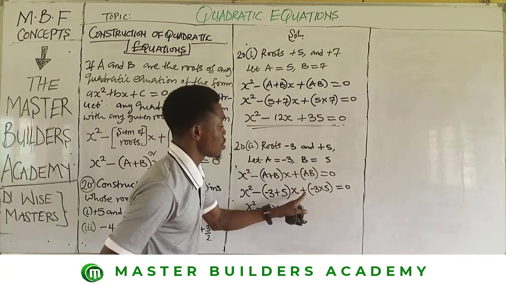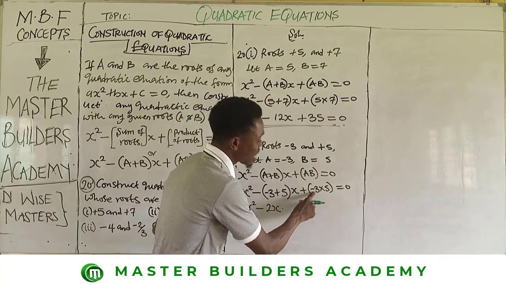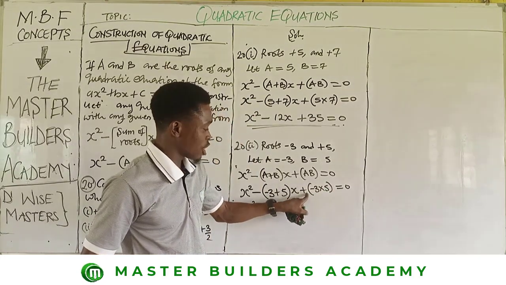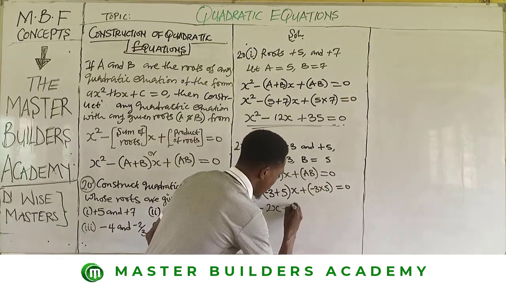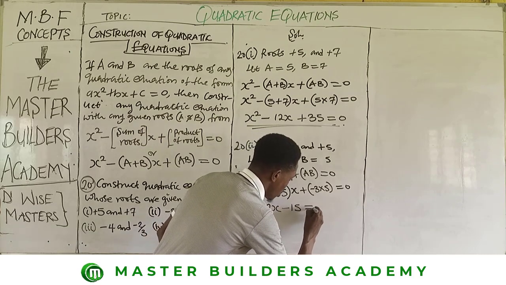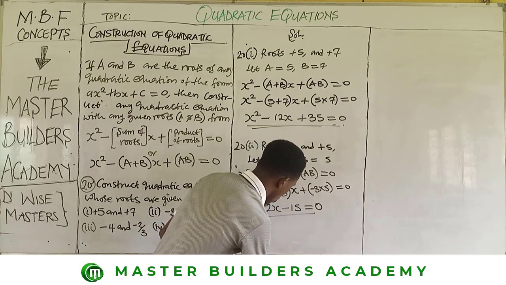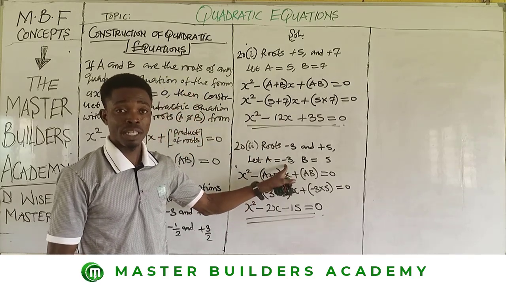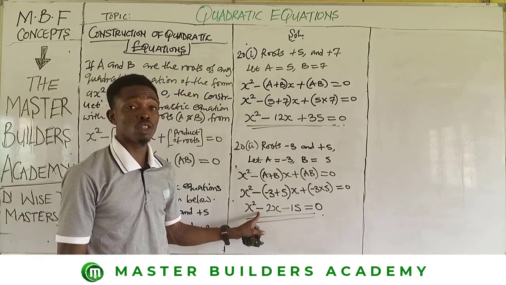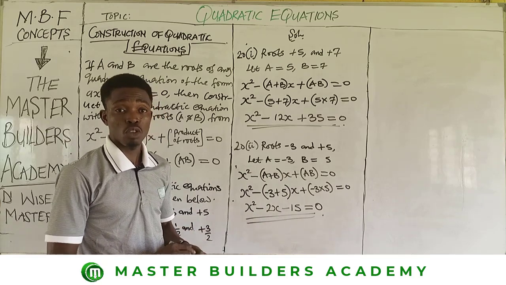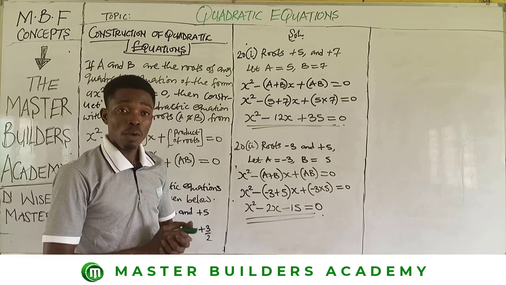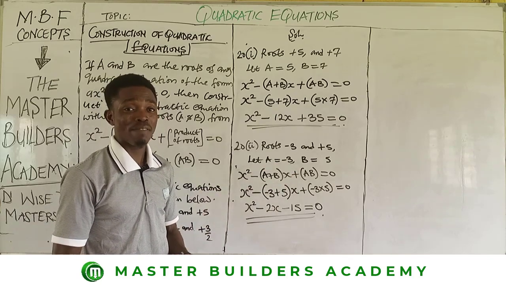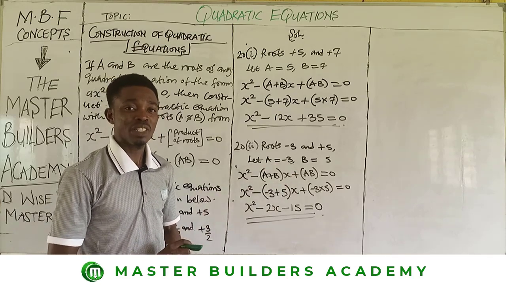Then minus 3 times 5 gives us minus 15, which is equal to 0. This is the quadratic equation for which these roots were obtained. If I solve this quadratic equation using any of the 4 methods, we will have these roots back. So we are reversing our answers back to the question.